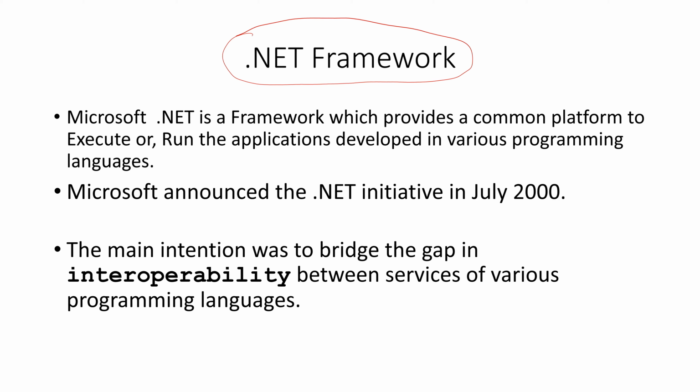For example, if we have languages like C sharp, C++, VB, F sharp, and so on, there are actually a variety of languages present on this .NET framework. If we go by 2018, there were 69 plus languages supported by this .NET framework.